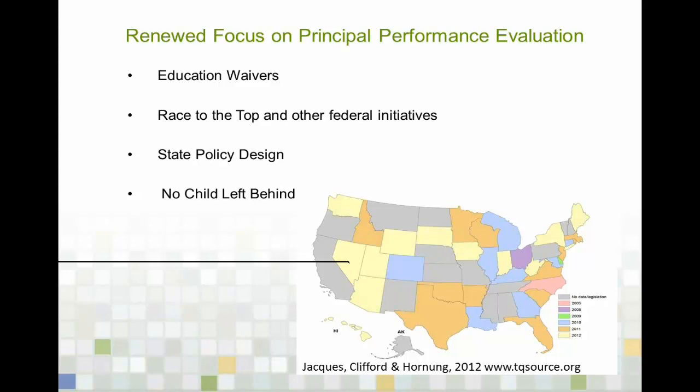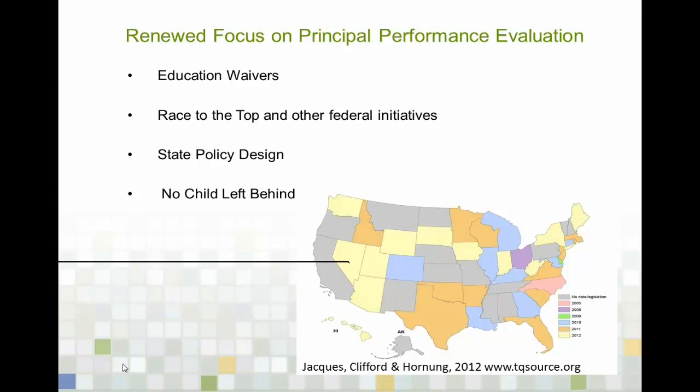In some recent research, we took a look at state policy changes and state policy designs. This report, which was written by Catherine Jacques, Katie Horning and I, is available at the website that's on the screen.